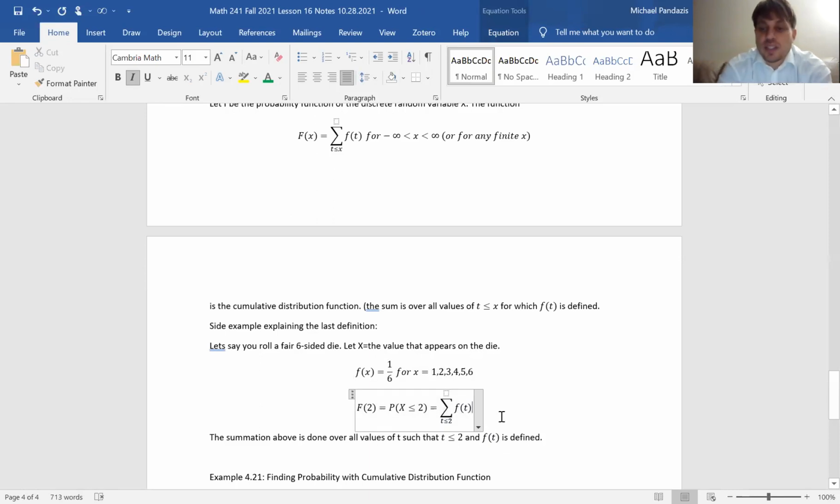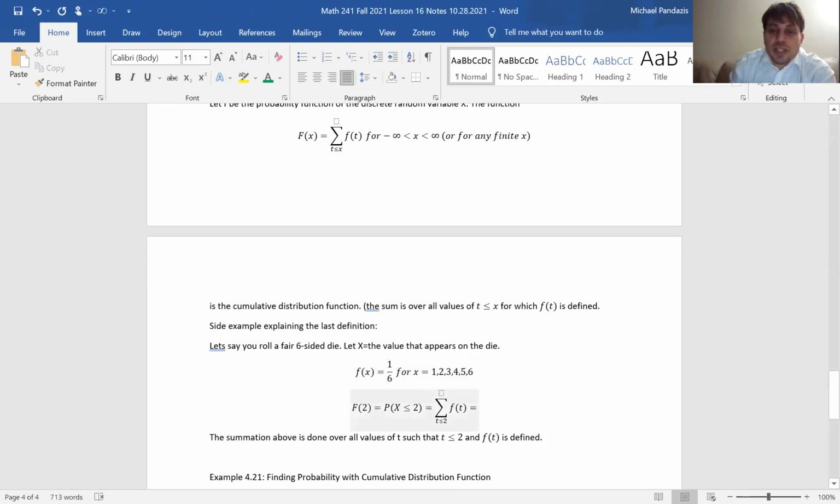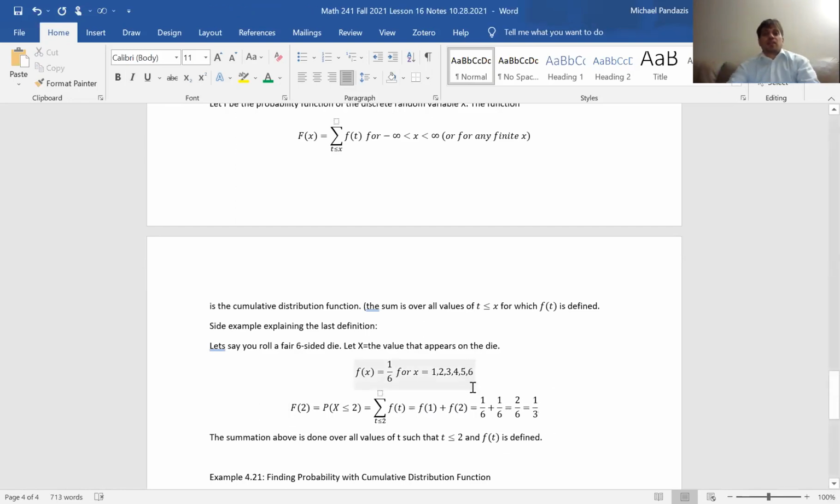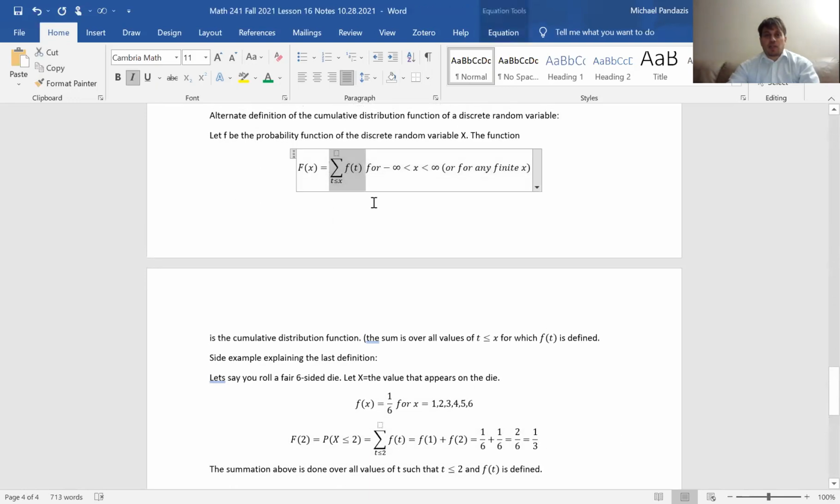So this is equal to f of 1 plus f of 2. Since each of them is 1/6, it's 1/6 plus 1/6, which is 2/6, which is 1/3. So this is a side example explaining the summation notation.